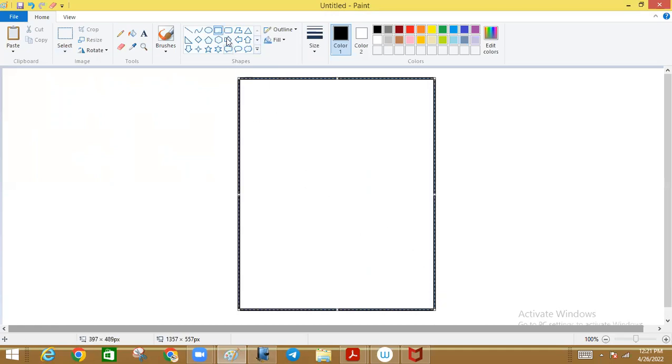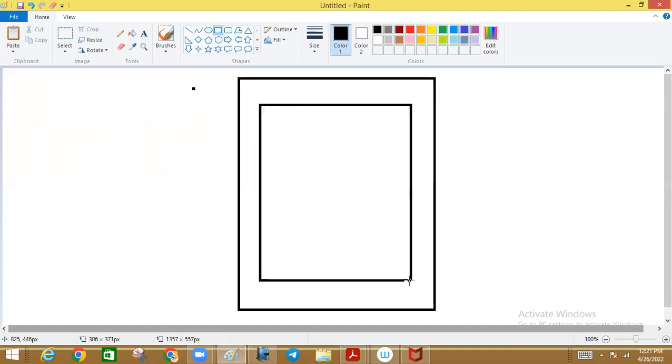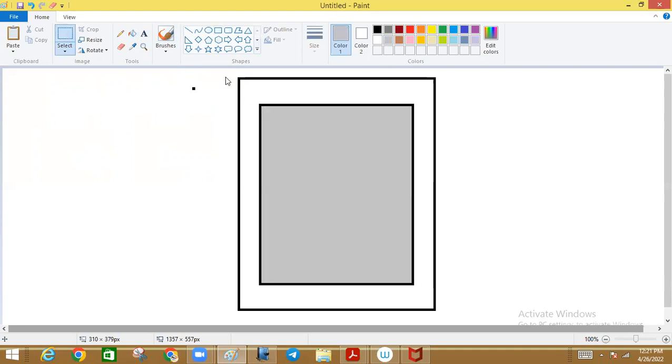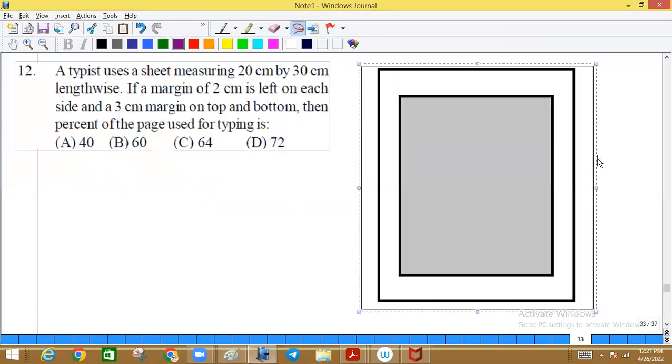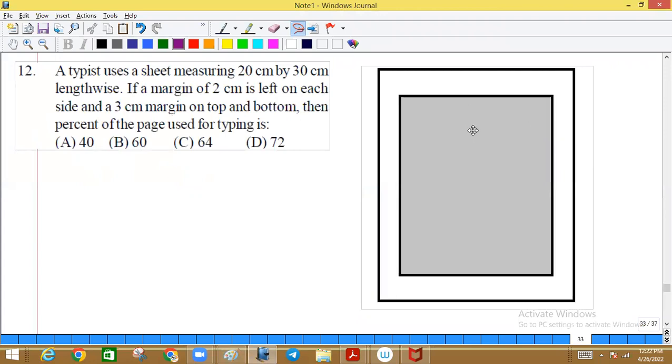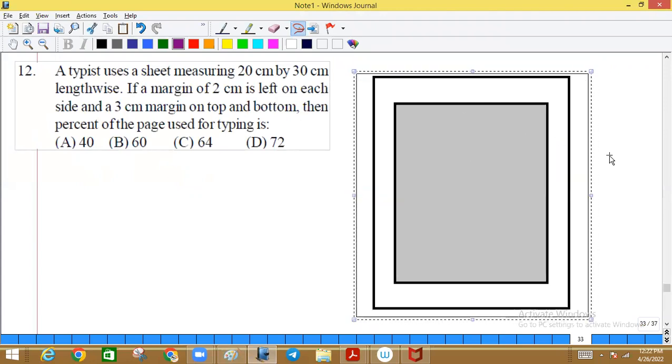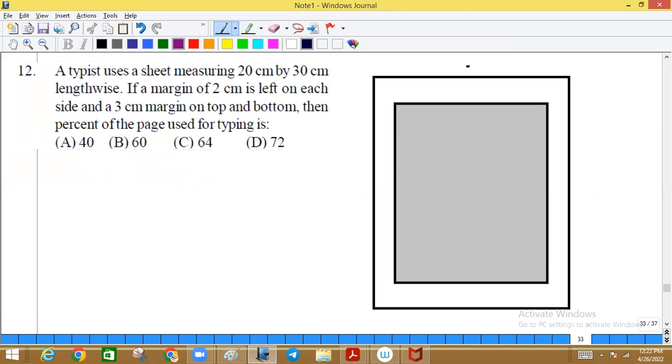This is the entire page, but you are only using this much. So the shaded part you are using. This one is 20. This one is 30, right?